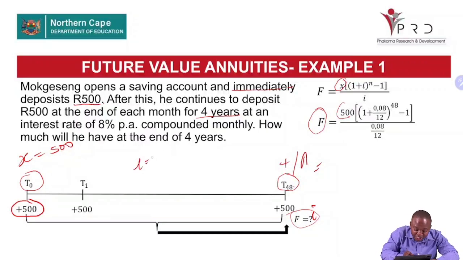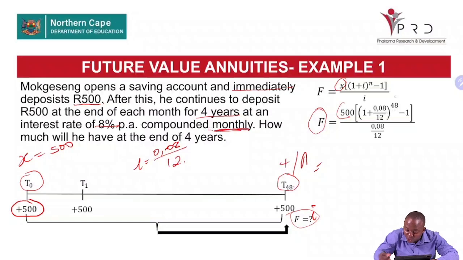So our i in this case is 0.08, divided by the compounding period. It was compounded monthly, so divide by 12. So our i there is 0.08 over 12, all raised to the power 48, which is the number of payments, minus 1, all over i, which is 0.08 over 12.